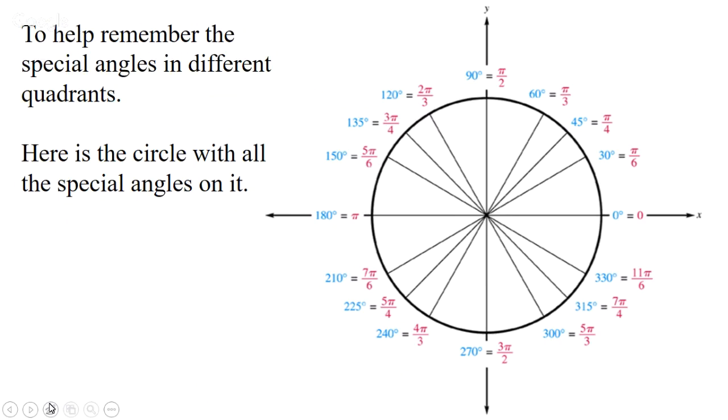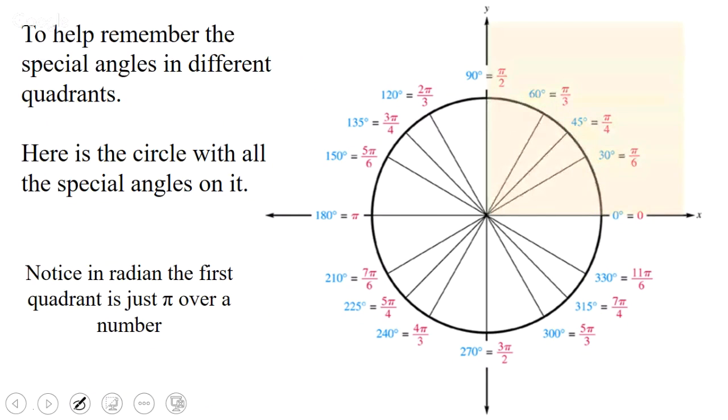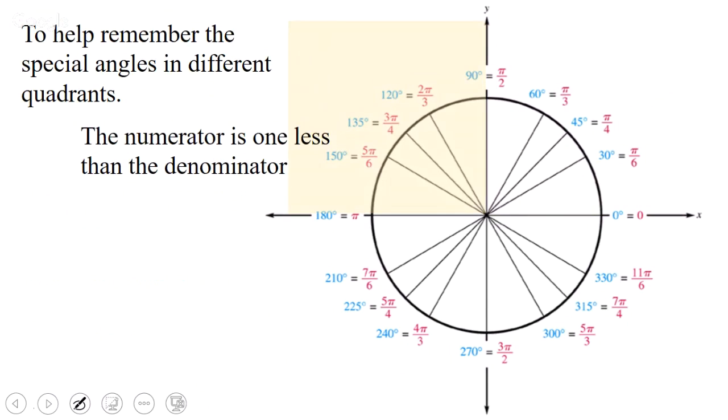If I have a pi over some number, I know I'm in the first quadrant. If the numerator is 1 less than the denominator, I'm in the second quadrant.